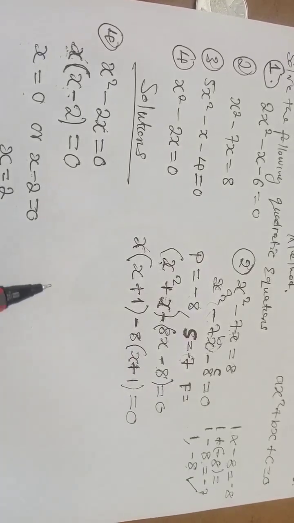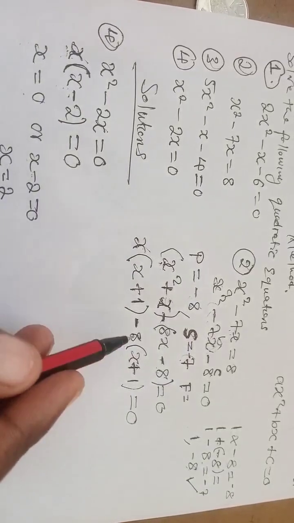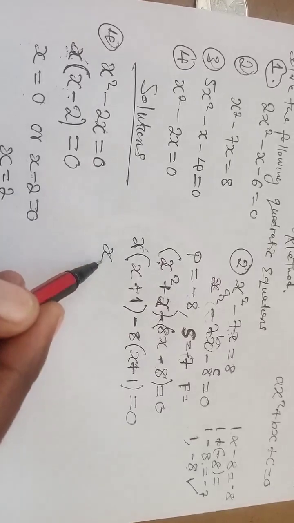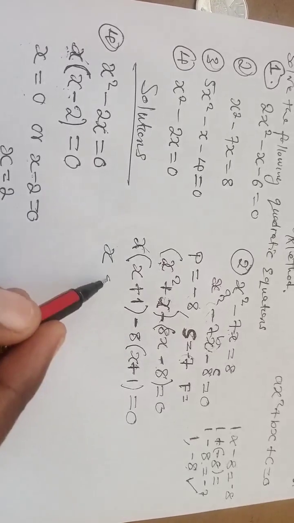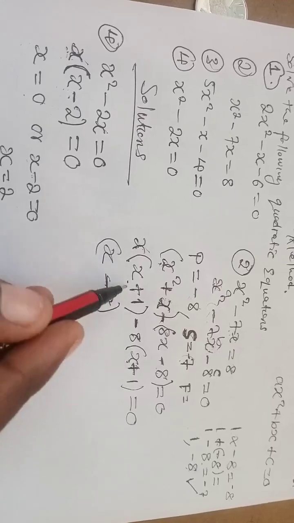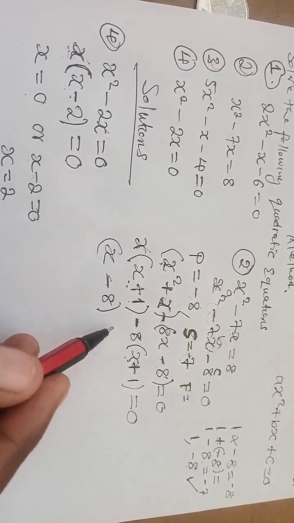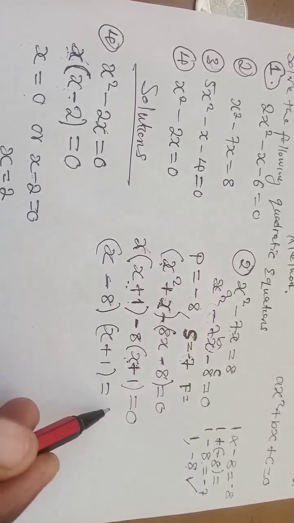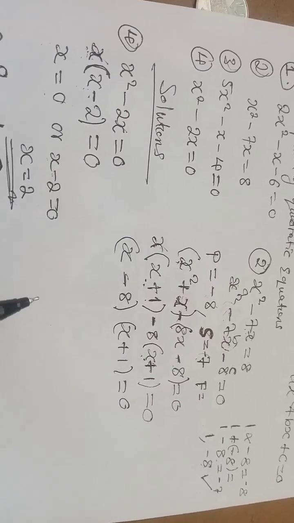As simple as that. So now we get those that are outside. Okay, so that are outside, this side we have x, then this side we have negative 8. Then if you remember, I said you get one of these, so that is x plus 1 is equal to 0, like that.